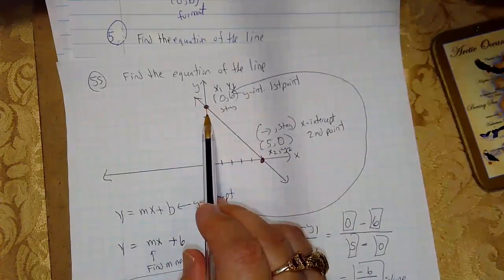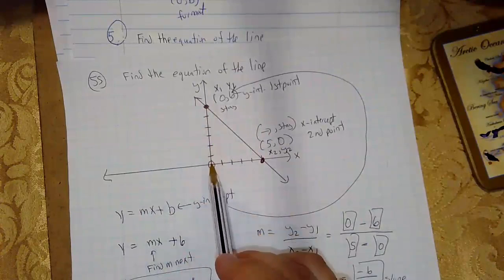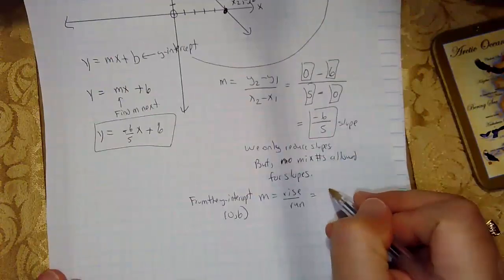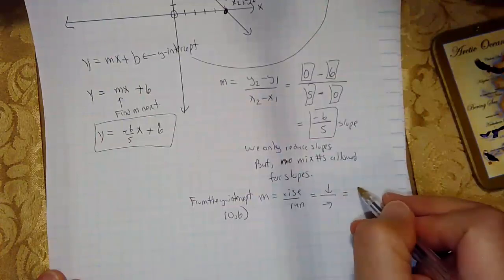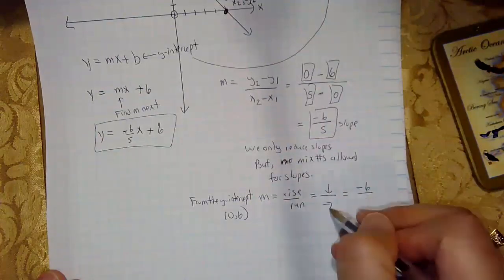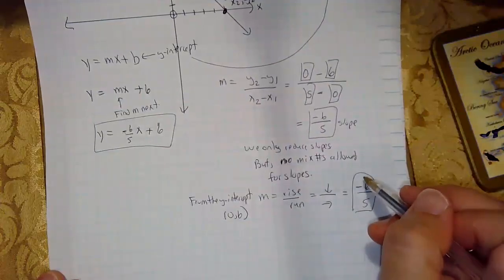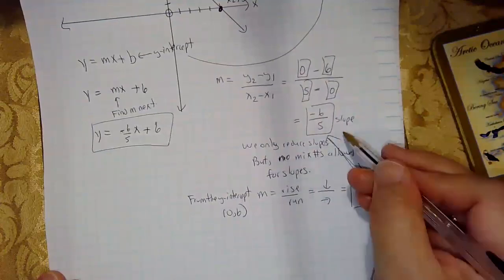Sometimes on your rise you go up, sometimes you go down. So you went down 1, 2, 3, 4, 5, 6. So that's why it's a negative, -6. And then you went to the right 1, 2, 3, 4, 5. So on the rise you went down and then you went right. That's why it's a -6, and then you went right 5. So see, these two here, they match, they're correct, see?